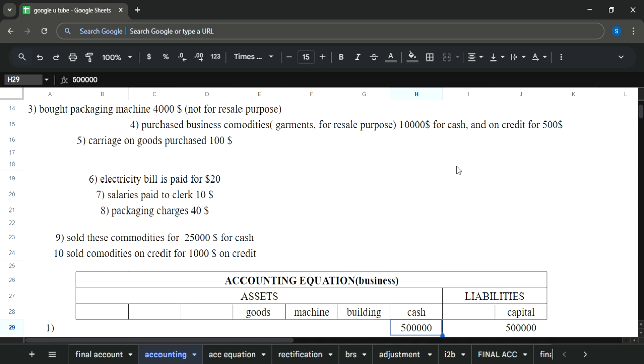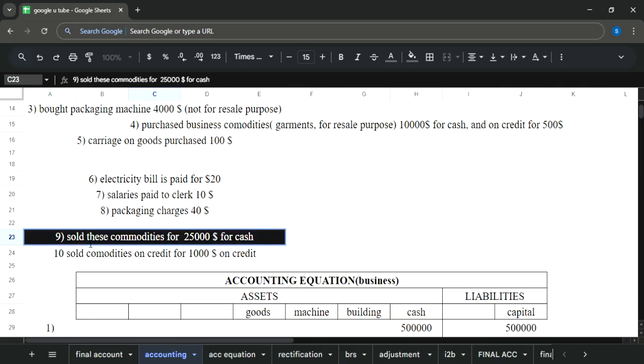Commodities which we have purchased are going out. So here we will mention, and only you as the owner of the business know how much the cost of those commodities was. Let it be mentioned over here.